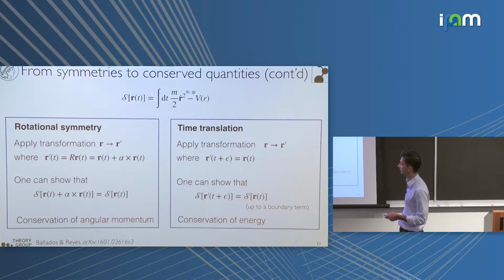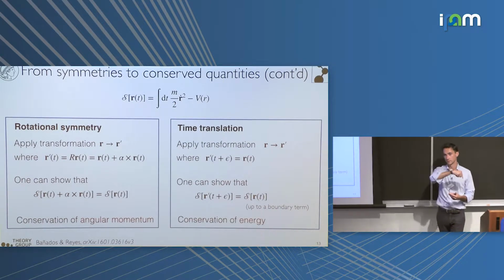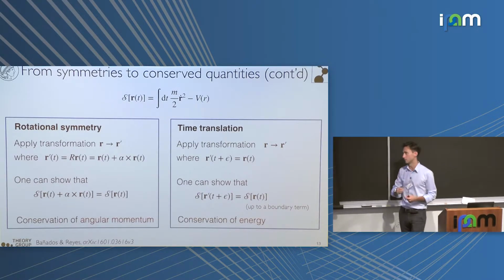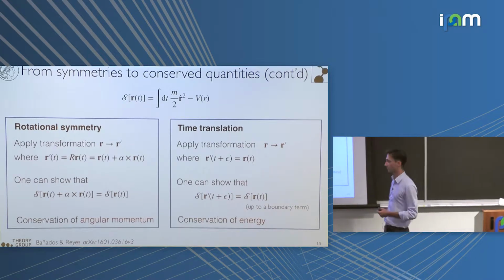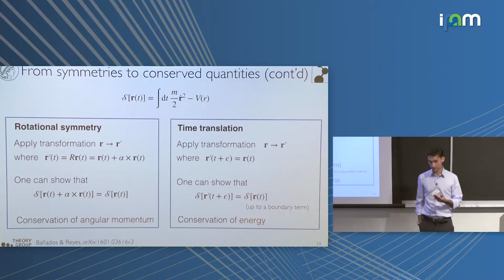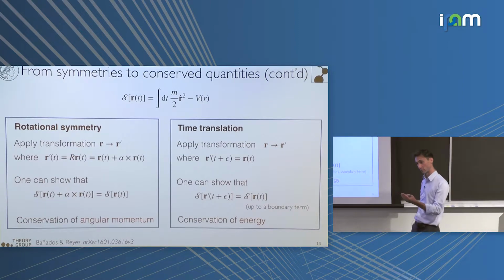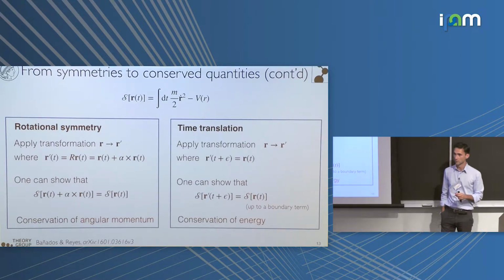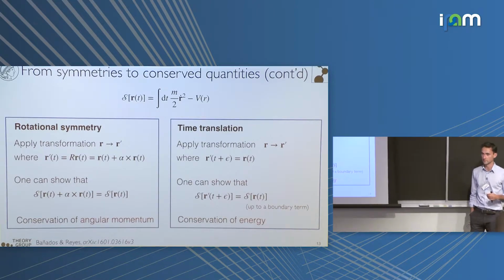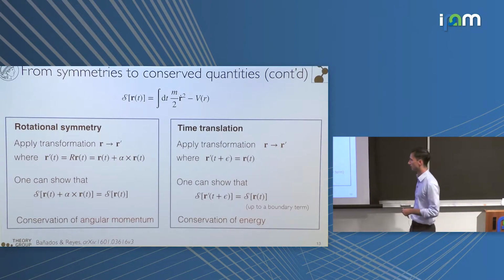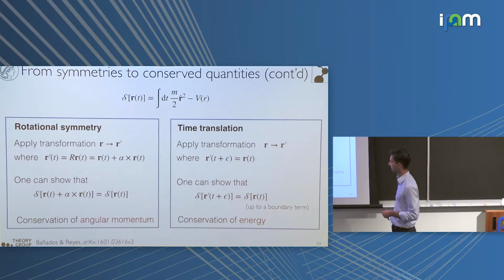And it's very easy to show from the kinetic energy and from the fact that the potential energy only depends on the norm, so it doesn't depend on this orthogonal component. And so if you have rotational symmetry, you can show that you conserve angular momentum. This is the same argument as what I showed you in the last slide. You can just use the Euler-Lagrange equation the same way.